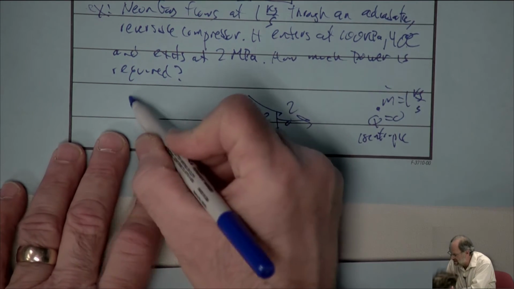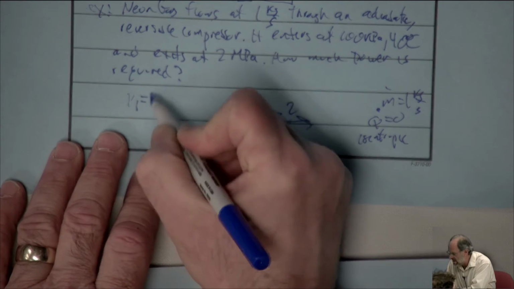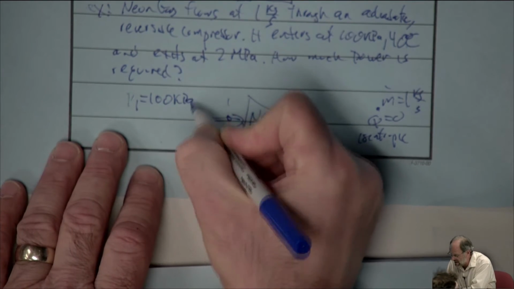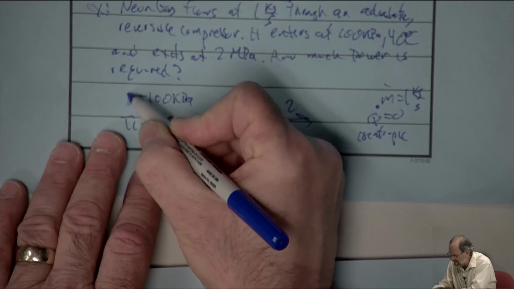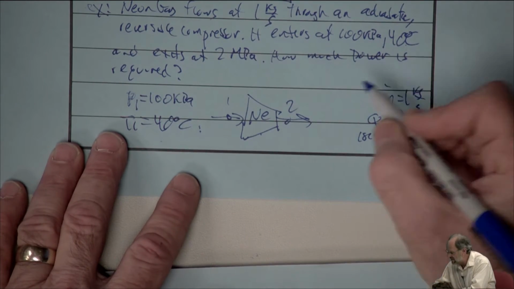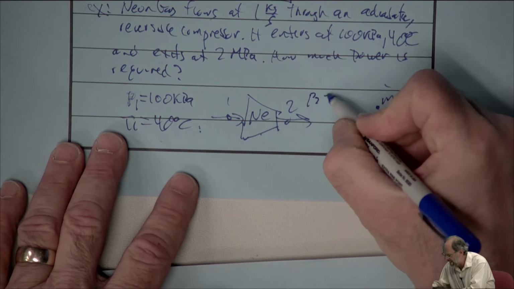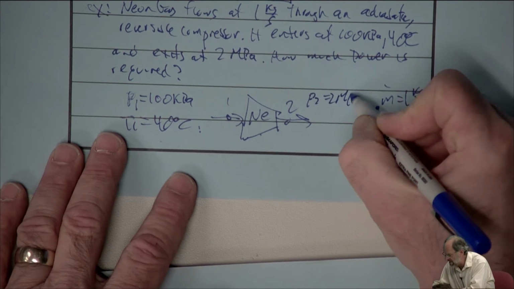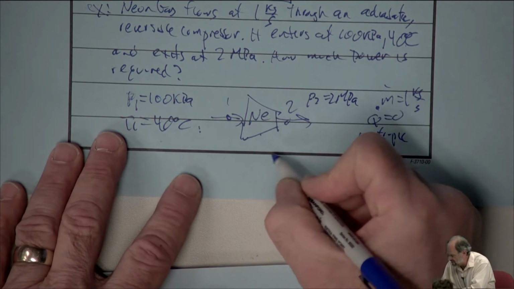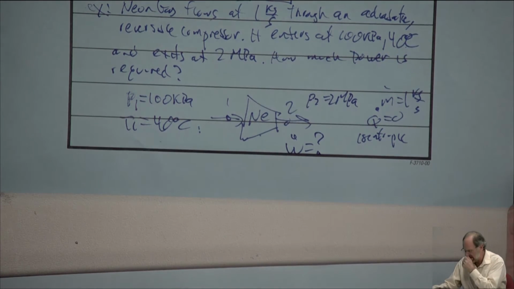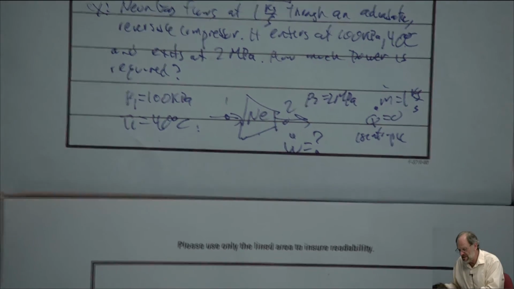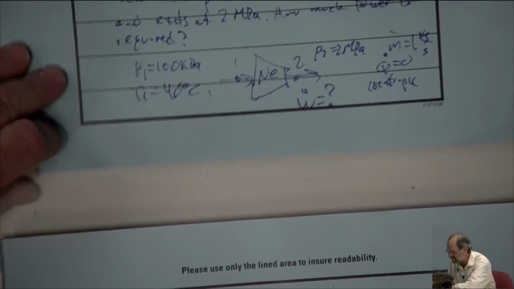We're given P1 of 100 kilopascal and T1 of 40 degrees C. And we're given P2 of 2 megapascal, and we're trying to find the power. Okay. So it's a pretty standard setup.